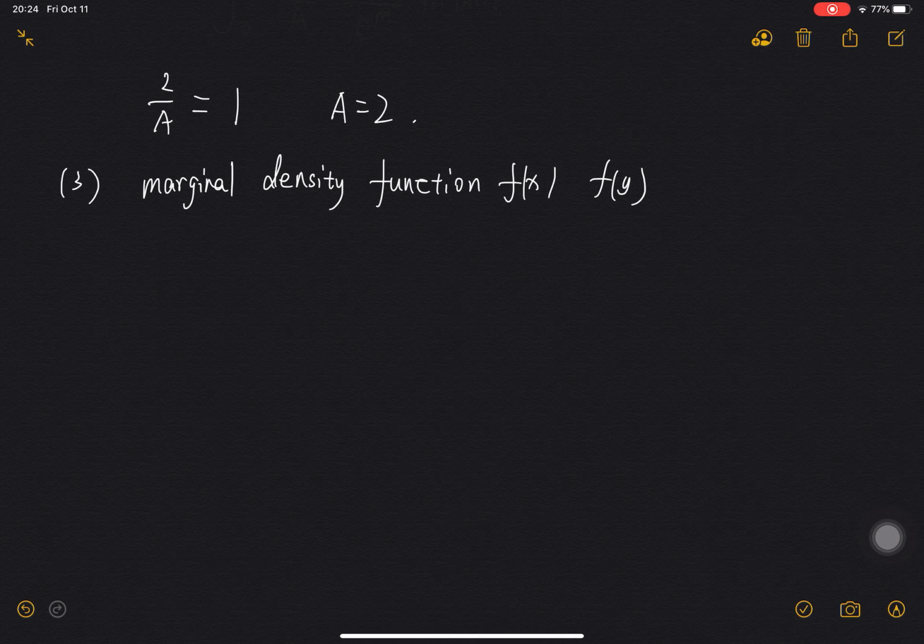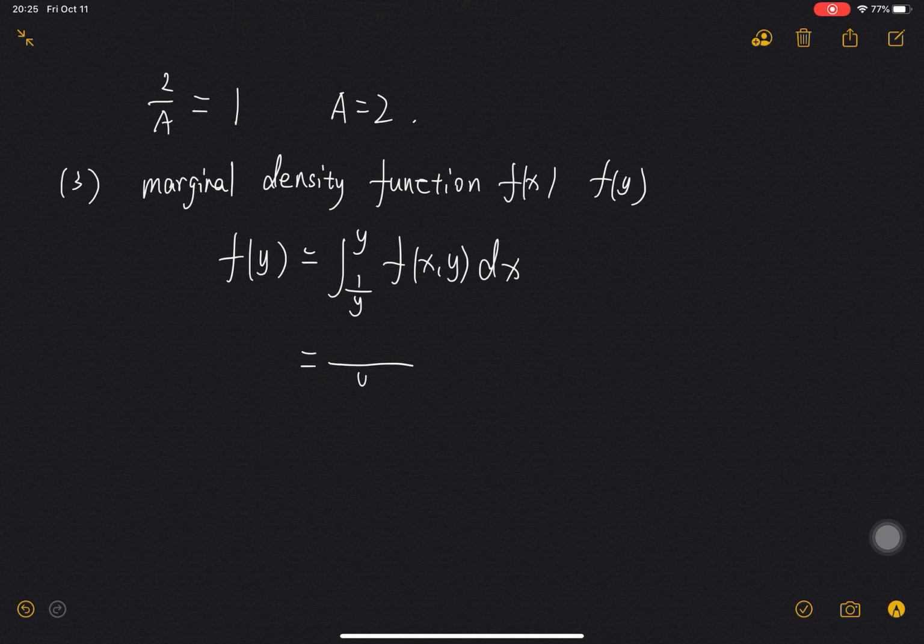So with a joint density function f(x,y), how to get the marginal density function is also easy and is also covered in the lectures. So f_Y should be the integral over x, so we have y to 2 ln y.